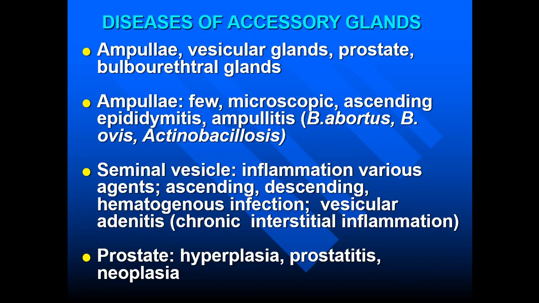Usually old dogs will develop lesions in the prostate. Lesions in the prostate can be hyperplasia, meaning an enlarged prostate with an increased number of cells, or an enlarged prostate can also be related to inflammation of the prostate, which we call prostatitis, and also tumor.